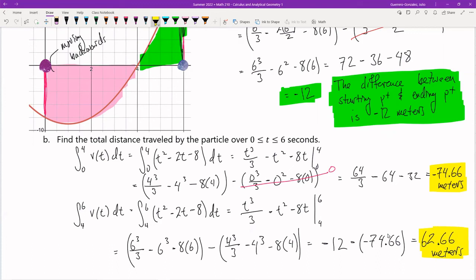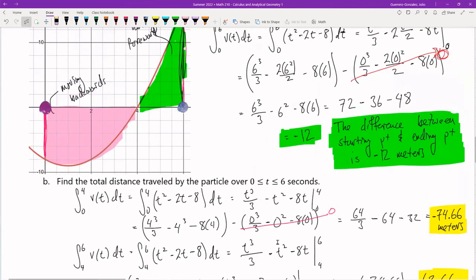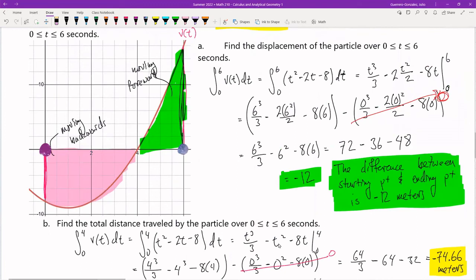Okay. So now, notice what I did, right? Let me go back up to the graph. The first thing that I did, let me erase the points here so I can be a little bit more indicative of what I'm doing. We know that from 0 to 4, this particle was moving in the negative direction, right? Because the velocities are all negative here. The distance that our particle went between 0 and 4 seconds was negative 74.66 meters, so it went backwards that many meters.